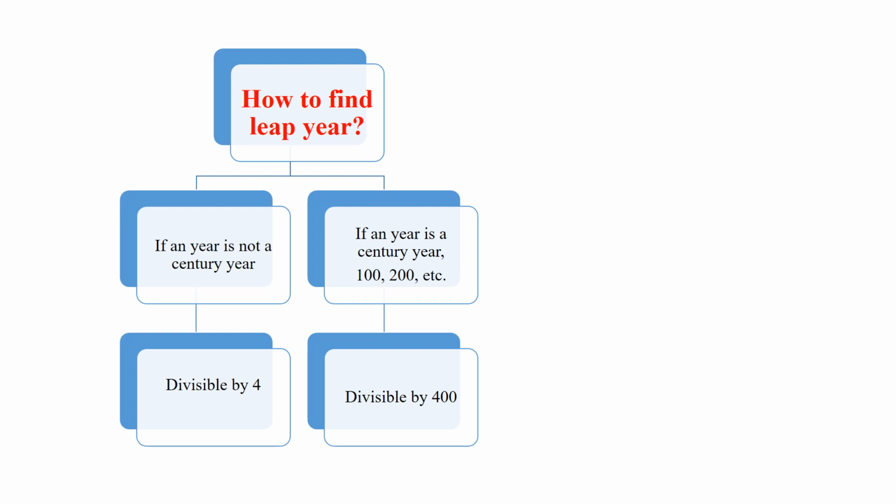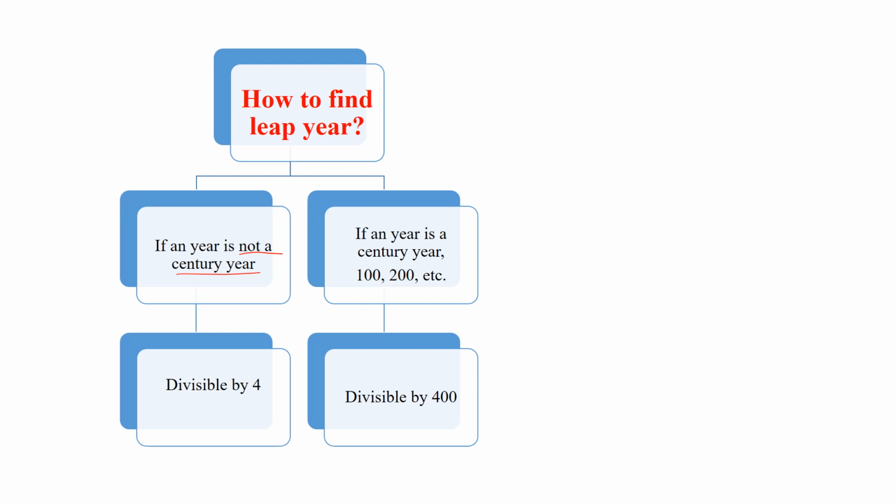Century years are 100, 200, 300, 1000, 1100, 2000, 2100, etc. If a year is not a century year, then the condition is very simple. You should check whether it is divisible by 4 or not. If it is divisible by 4, then it is a leap year.